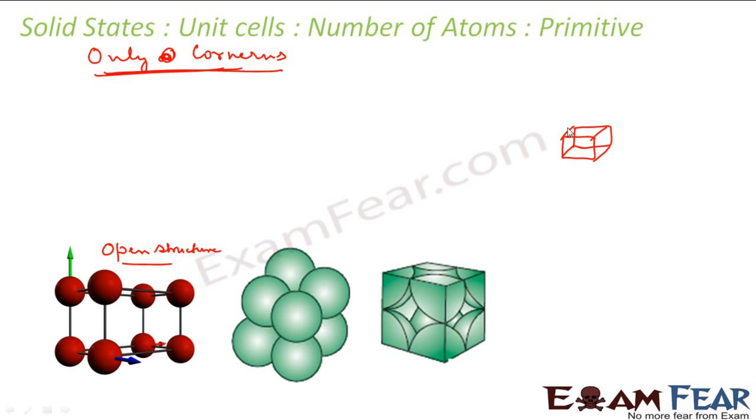I can have one here, and 2 more on the front, and similarly 4 on the top. So this particular atom is shared by 8, which means it has only 1/8 contribution. So 1/8 of the sphere will be part of this unit cell.